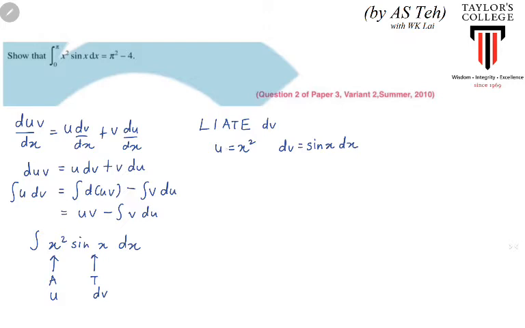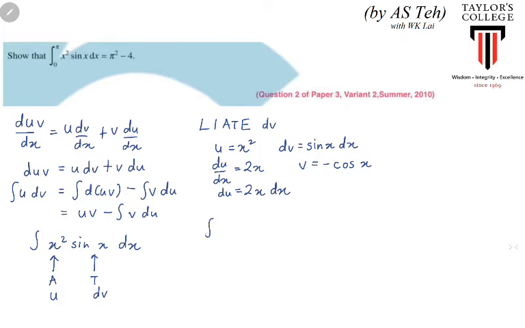So we need to fulfill the components for the integration by parts. We need to get du per dx in this case, which is equal to 2x, or du equals 2x dx. And for this, v will be the integral of sine x, that will give us negative cos x. Okay, and having all these components, we then incorporate them into the integration by parts.